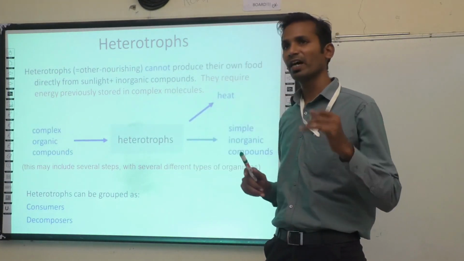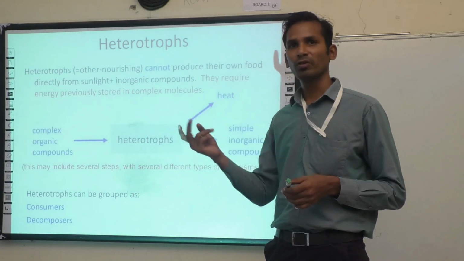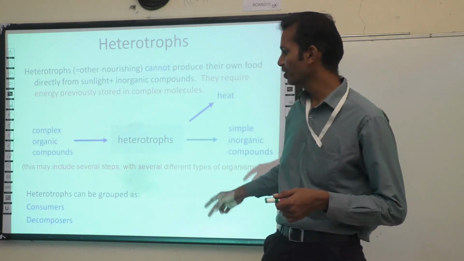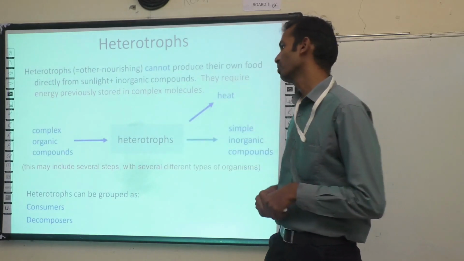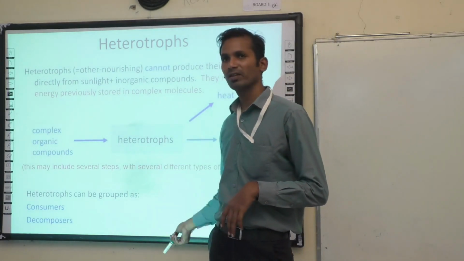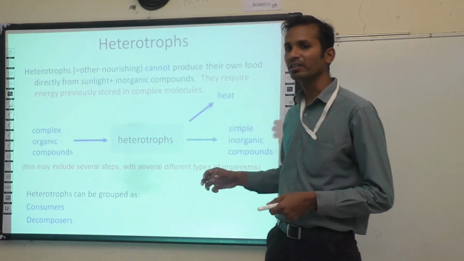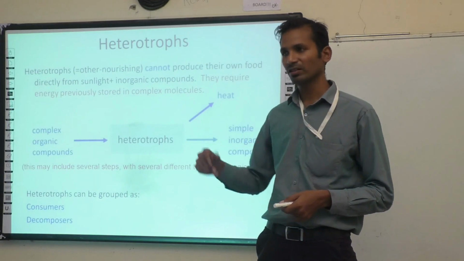In autotrophs we have seen two types, chemo as well as photo. Whereas heterotrophs can be classified into two major classifications: one is consumers, another one is decomposers. Consumers are called so because they consume or depend on other organisms.